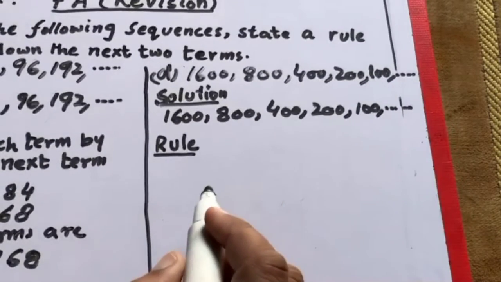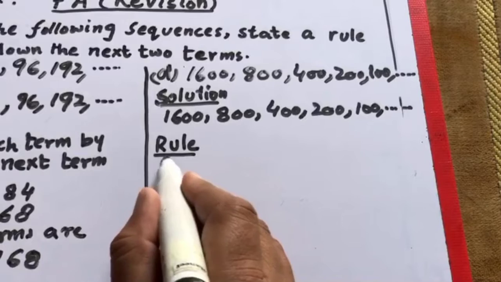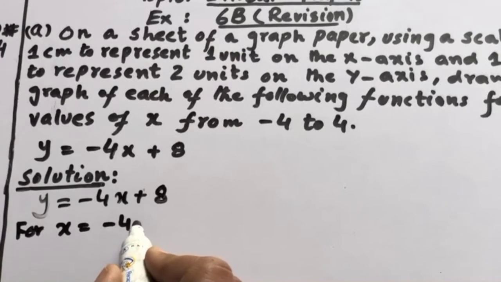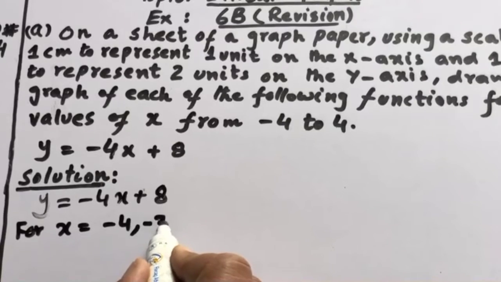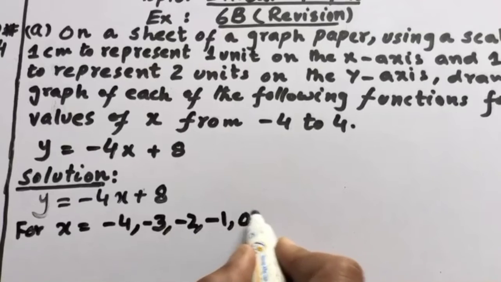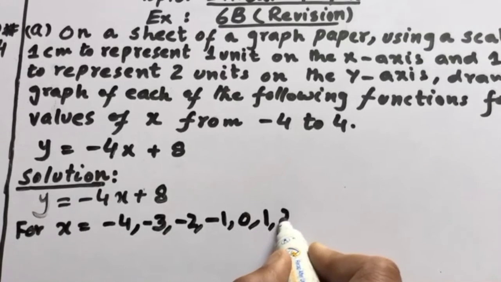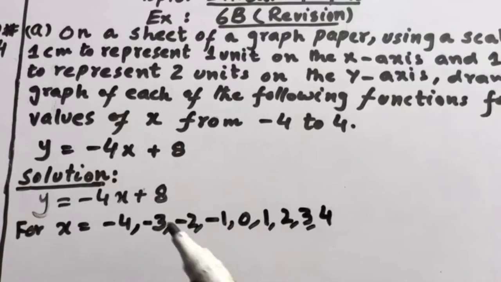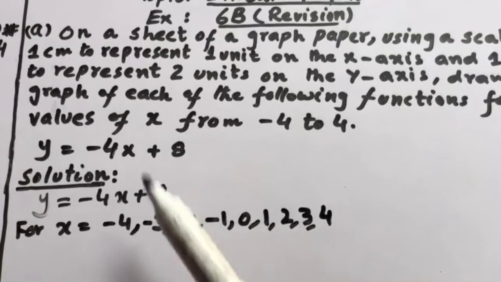So the rule said that each term is from -4 to +4. So these are -4, -3, -2, -1, 0, +1, +2, +3, and +4. So these are the values of x which are given in the statement.